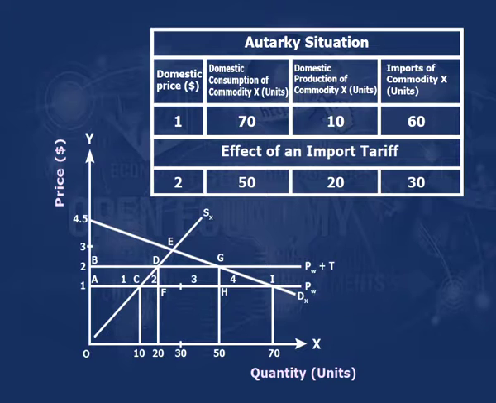Now, an imposition of tariff increases the domestic production of import competing industry from 10x to 20x. Due to fall in domestic consumption and rise in domestic production, the total import of nation A falls from 60x to 30x. It means that due to an import tariff, domestic consumption falls, domestic production rises and import of the nation declines.